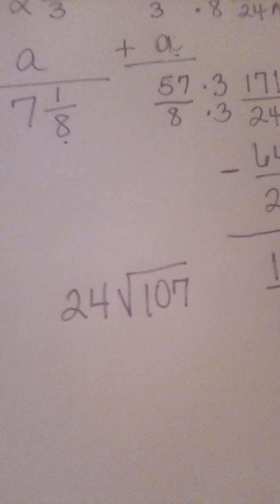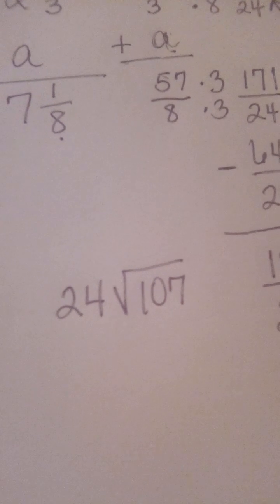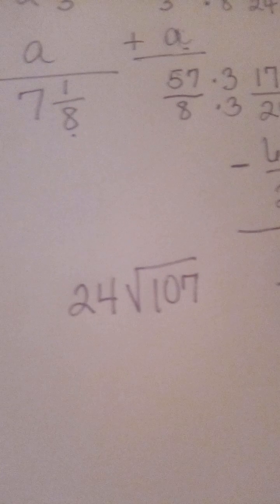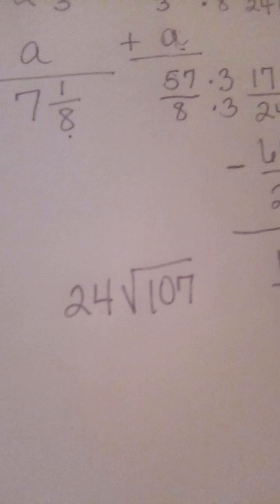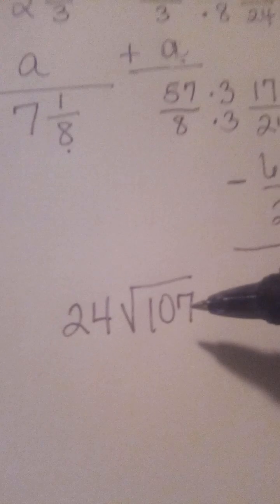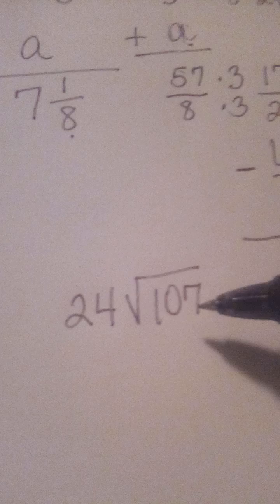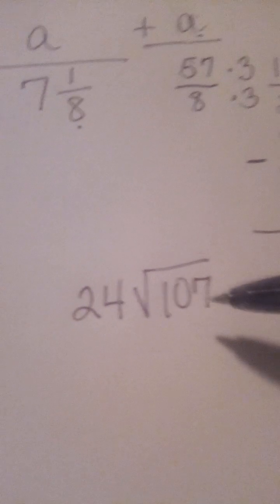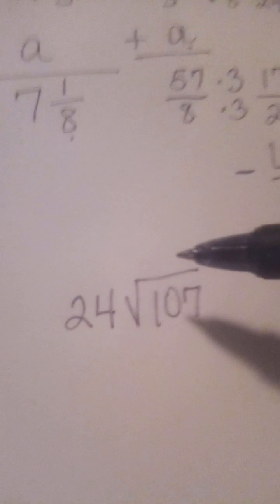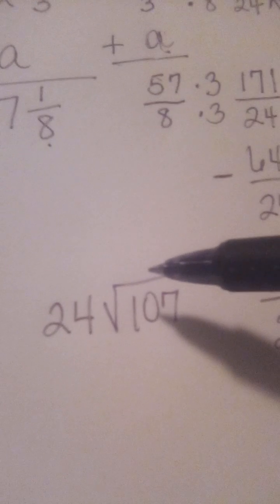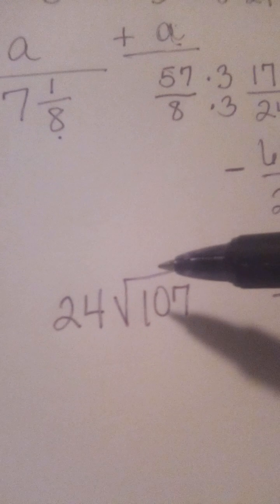All right. So far, we've almost cleaned it up completely, almost finished. Now, what number is equal to or close to 107 divided by 24? We know it's bigger than 2. Possibly it's bigger than 3. Let's do 4.